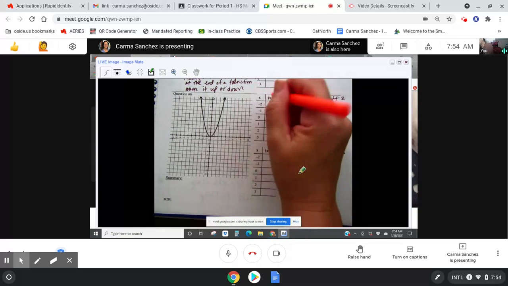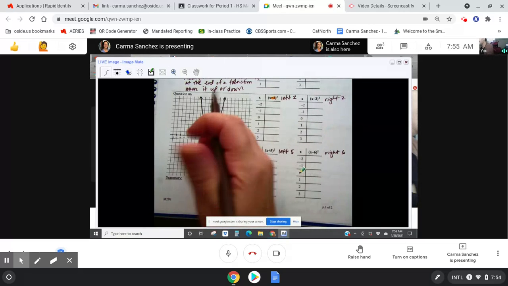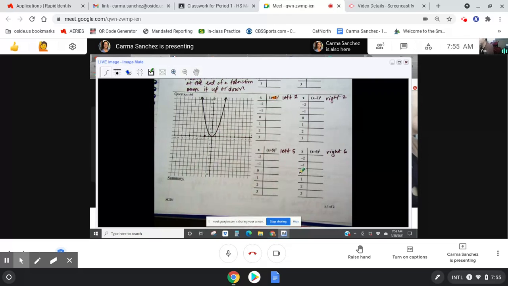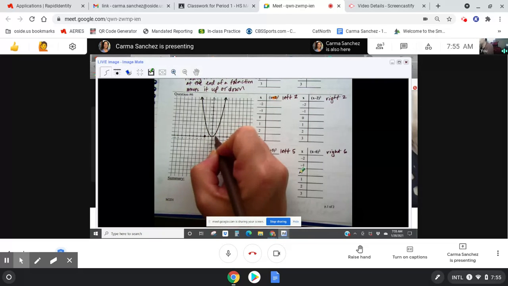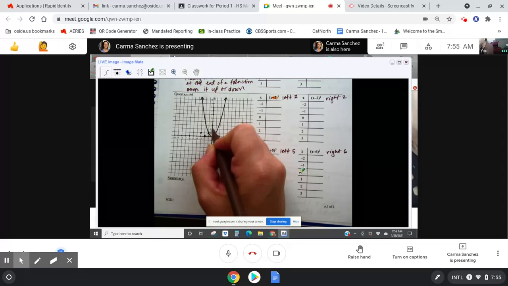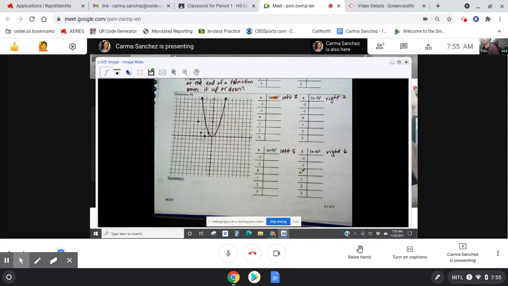My plus 2 or left 2 shift means that I take this from the origin and go back to, there's my new vertex. From there, I do the normal growth of out 1 up 1, and out 2 up 4. And I'm going to connect this one as orange.